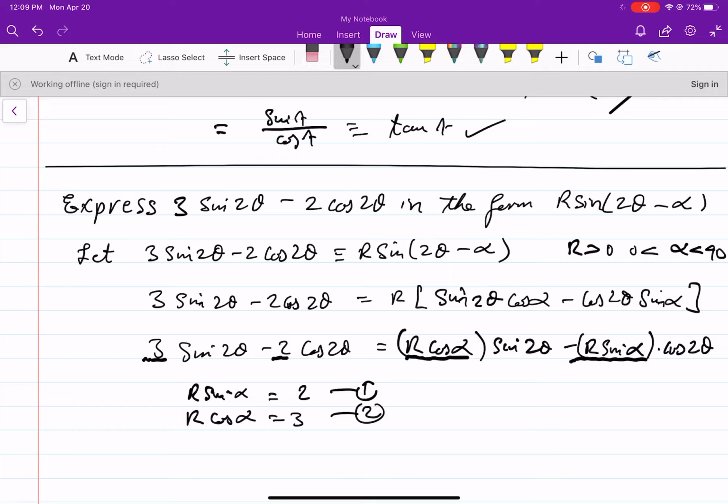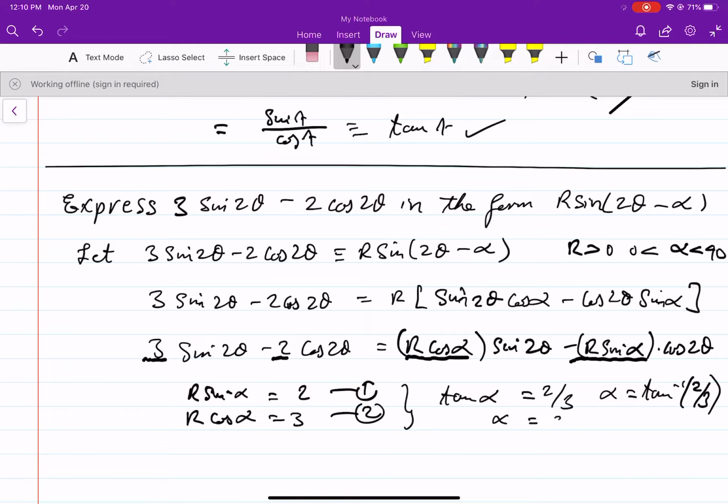If I divide them, I'll get tan alpha is equal to 2/3. Alpha is equal to tan inverse of 2/3, and I hope I can find this. Tan inverse of 2 divided by 3 equal 33.7 degrees.